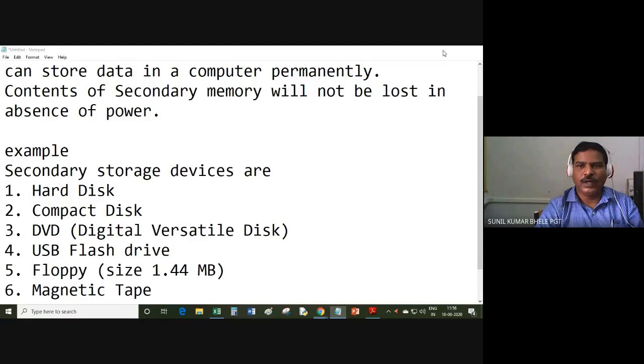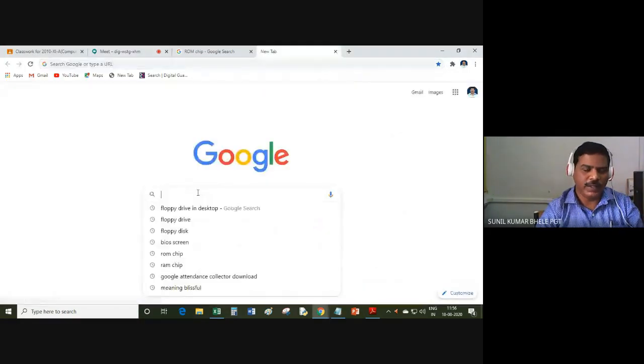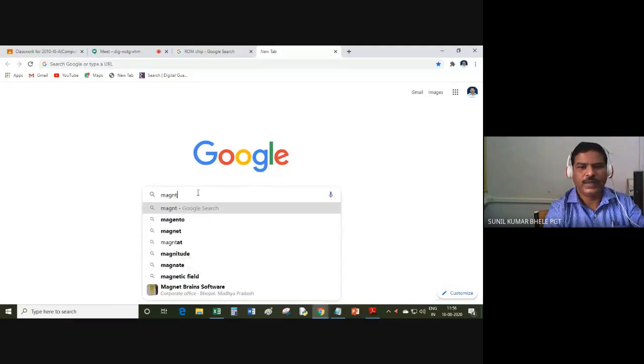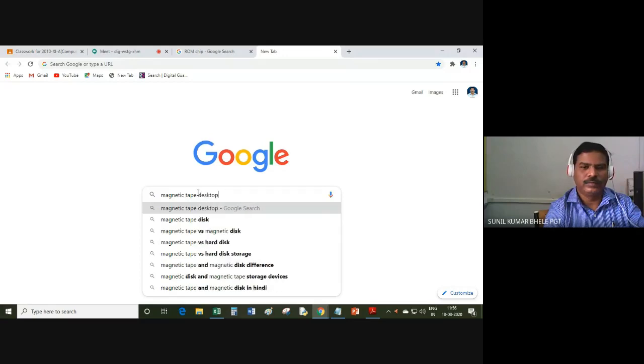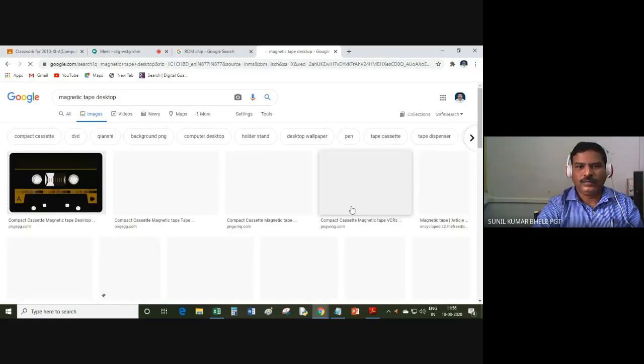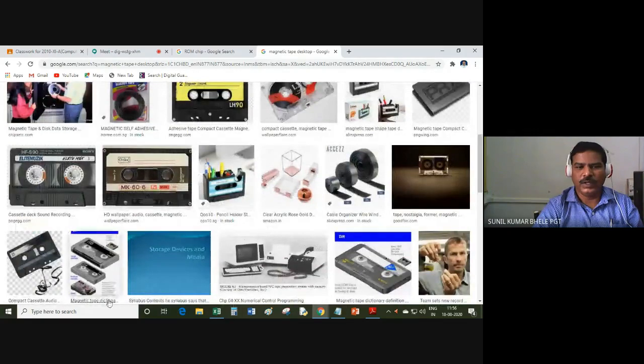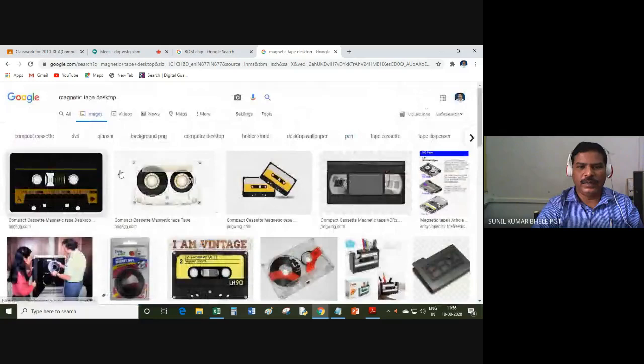If I show you how the magnetic tape looks, in earlier days we were using magnetic tape to store data. Maybe you have seen these in cassette form also. In radio we are using cassette, but in computer also this type of magnetic tape is used to store a large amount of data.